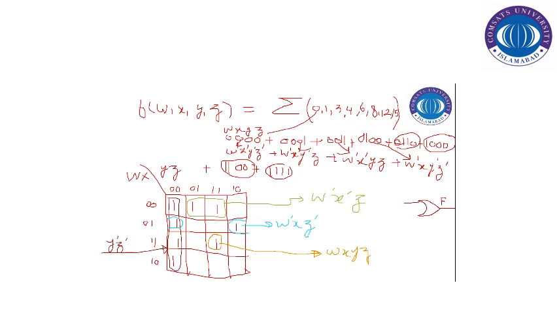The product term 1, 2, 3, and this is the fourth one.